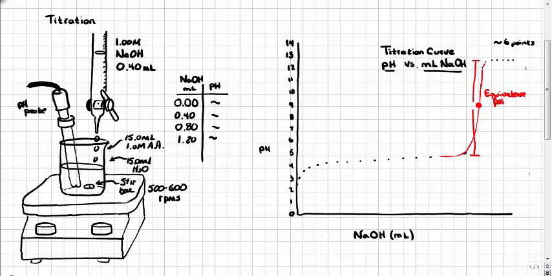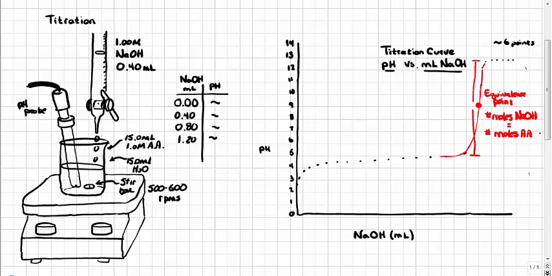Now, the equivalence point is that point where the number of moles of sodium hydroxide equals the number of moles of acetic acid.